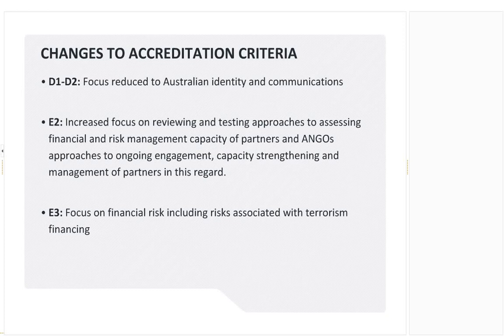So now criterion D really just focuses on the NGO's ability to acknowledge and attribute Australian government support and to provide information about its organisation both to stakeholders in Australia and stakeholders overseas, including primary stakeholders, in a way that respects the dignity of communities.